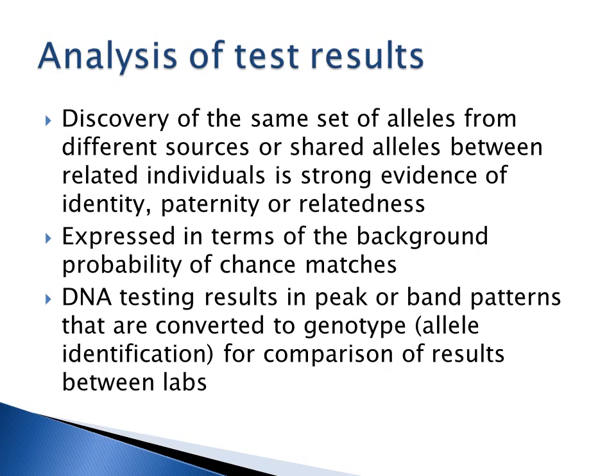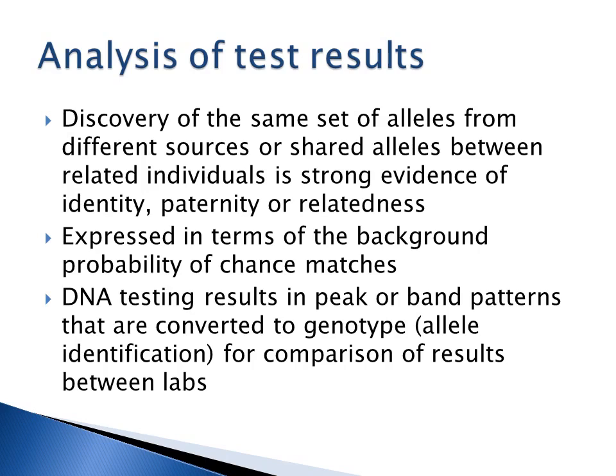So in analyzing your test results, the discovery of the same set of alleles from different sources or shared alleles between related individuals is very strong evidence of identity, paternity, or relatedness, and it's expressed in terms of the background probability of chance matches. So DNA testing results in your peak or band patterns are converted to a genotype or allele identification, so you can compare your results between labs.